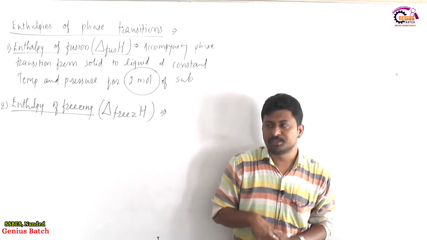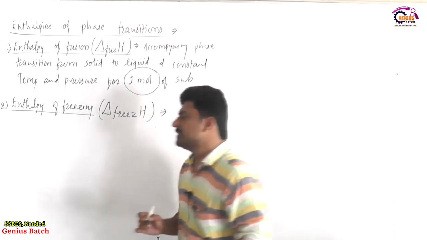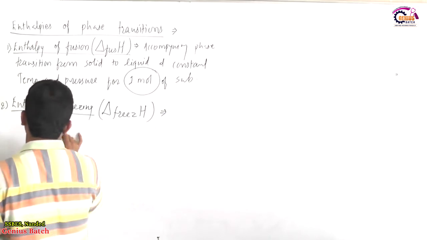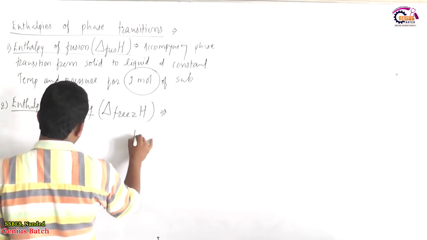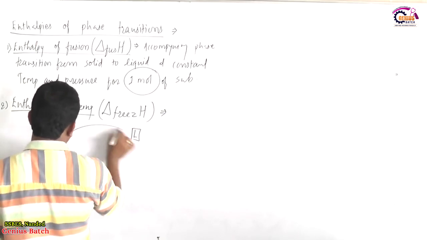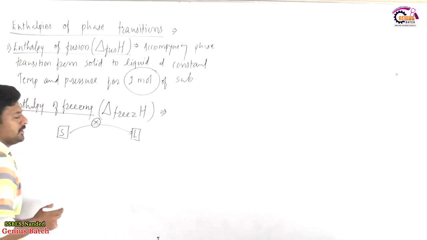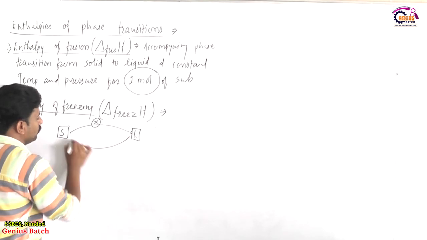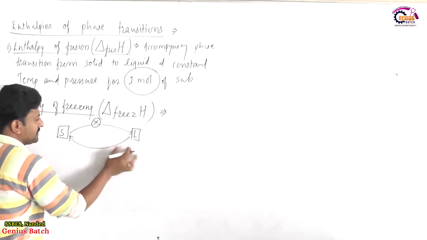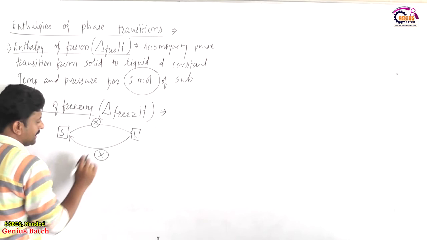It depends on the initial and final state. So when we started from solid and reached the final state liquid, there was a certain X enthalpy change. X is the amount. Now when we start from liquid and move to the solid, we have the same destinations, so it will be again X.